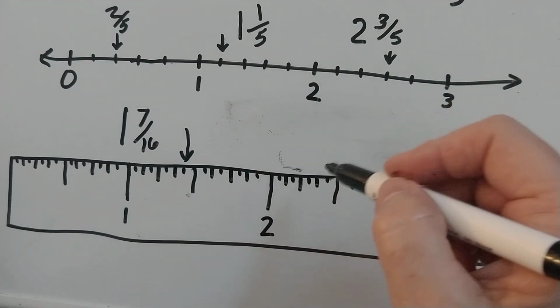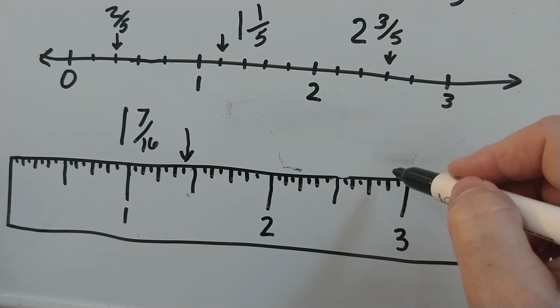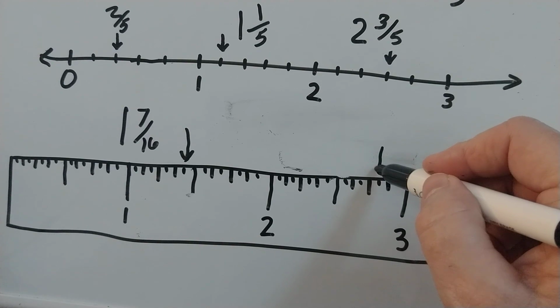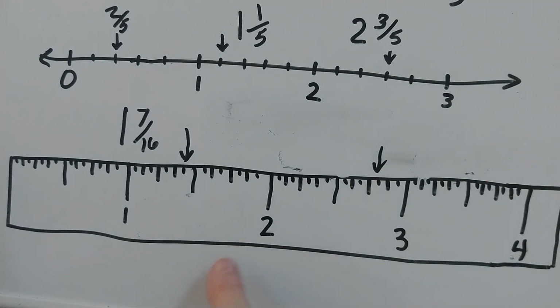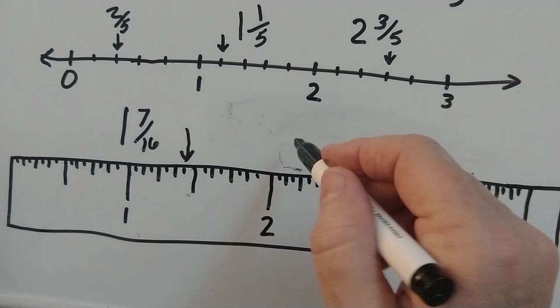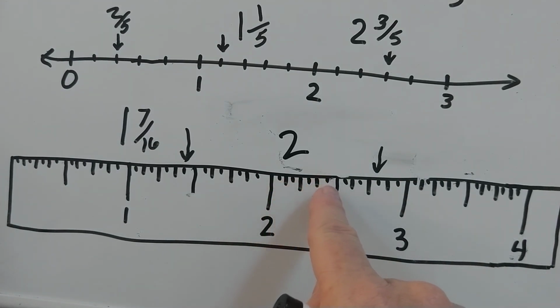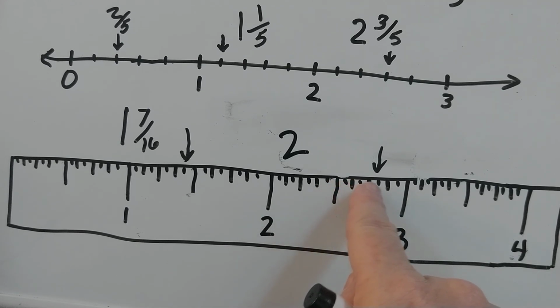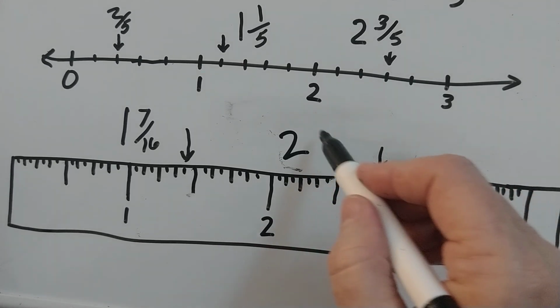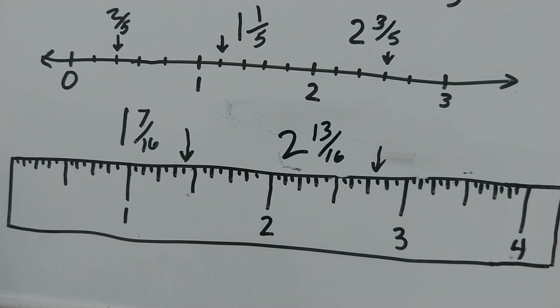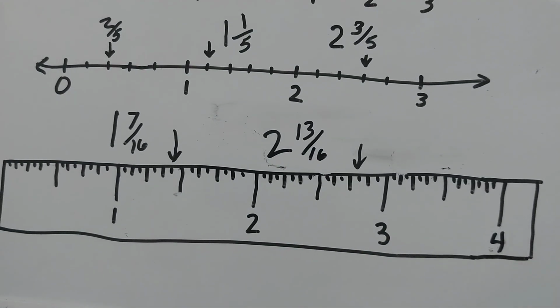Okay, what about this one right here? Well, that would be 2 whole. That would be 1, 2, 3, 4, 5, 6, 7, 8, 9, 10, 11, 12, 13. 2 and 13/16. Okay, that's all.